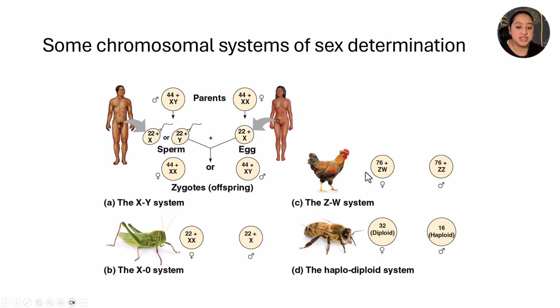But there's also the ZW system. So you can have a Z and a W and be female, or a Z and a Z and be male. Or in bees, for example, there's just the haplodiploid system. So you're either diploid in female or haploid in male. So there's a lot of different chromosomal systems of sex determination, basically.